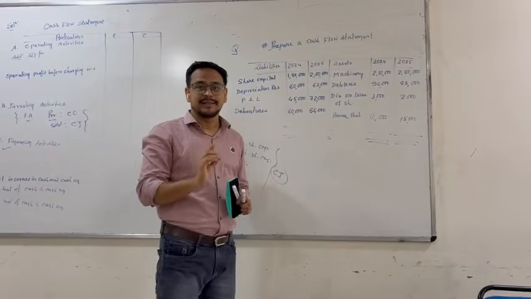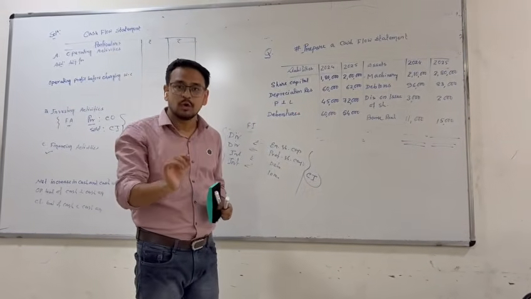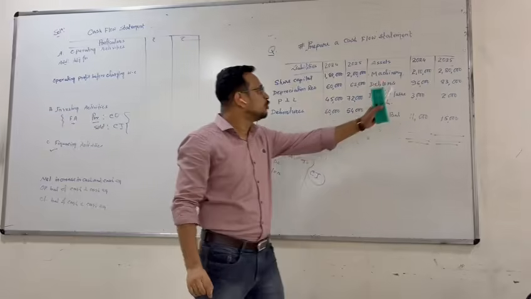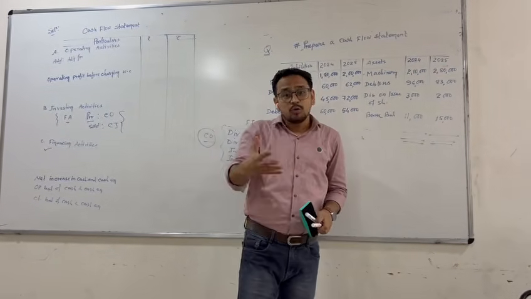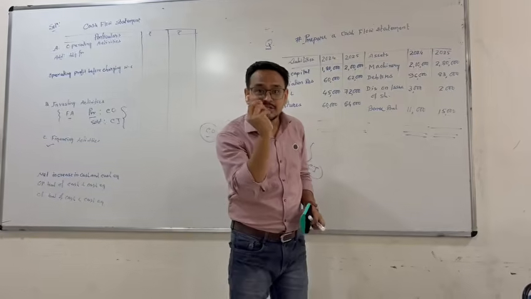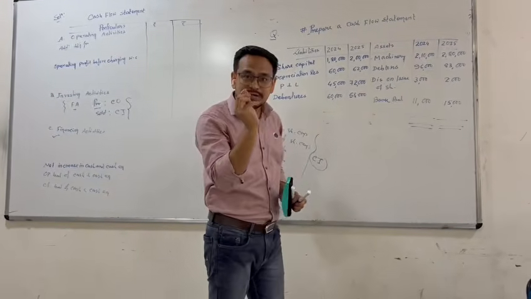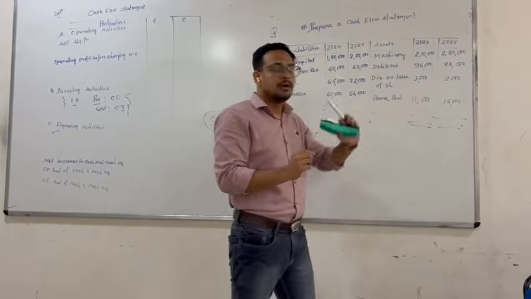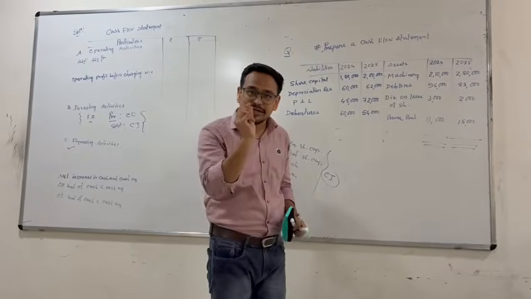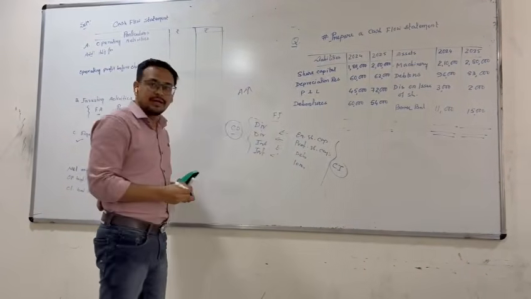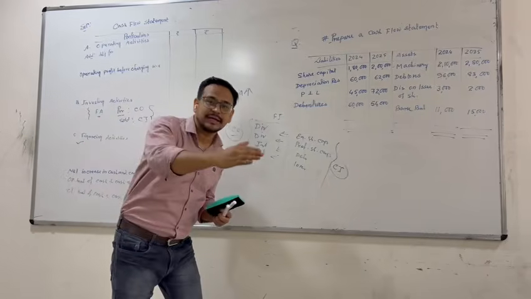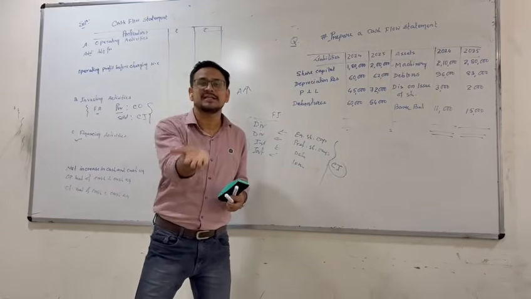But remember, in our cash flow statement we will not record 2,10,000 or 2,80,000. Then what do we record? Flow. Flow means change. What is the change between these two? Current year 2,80,000, previous year 2,10,000. So 70,000 is the change. Your asset increases from 2,10,000 to 2,80,000.